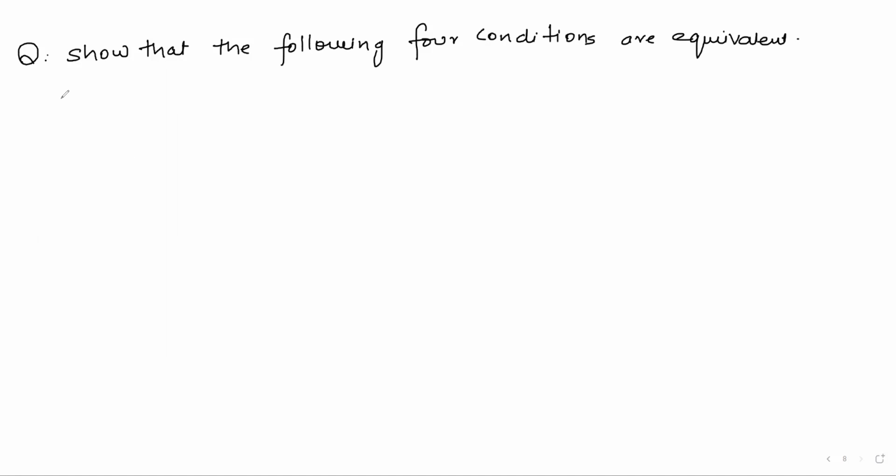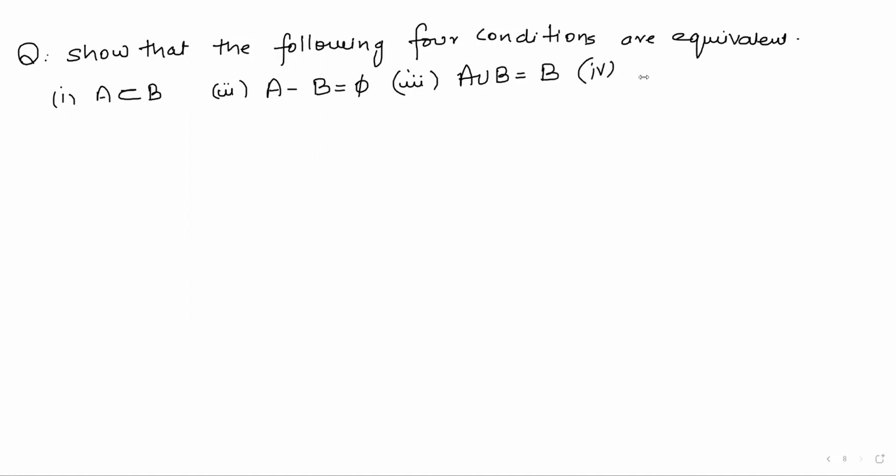The first is A is a subset of B. Second is A minus B is equal to the null set. Third one, A union B is equal to B. And fourth one, A intersection B is equal to A. So we need to show that these conditions are equivalent. Please note down this question, then we will start.